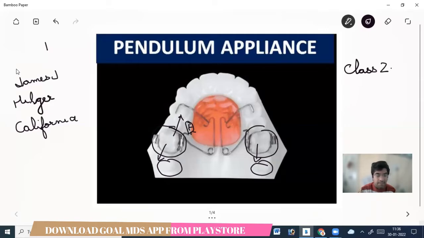As we know, the pendulum appliance will cause distalization of the molar.